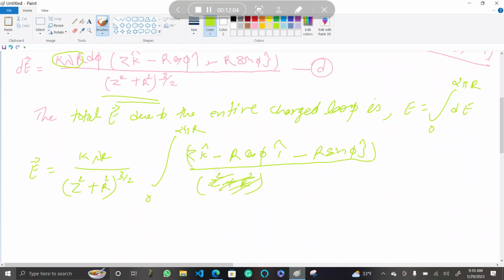We have already written the rest, so let me not include this part here.